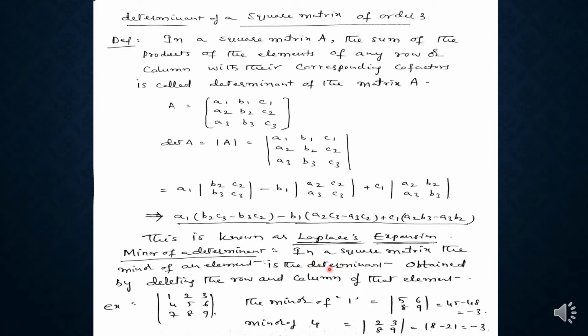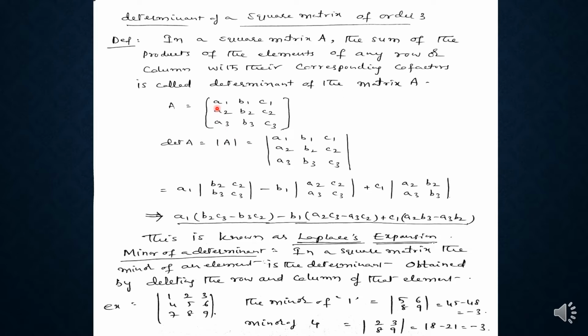In a square matrix, each element has its own minor. So what is the minor of an element? The minor of an element is the determinant obtained by deleting the row and column of that element. So the minor of an element is a determinant obtained by deleting the row and column wherever the element occurs.